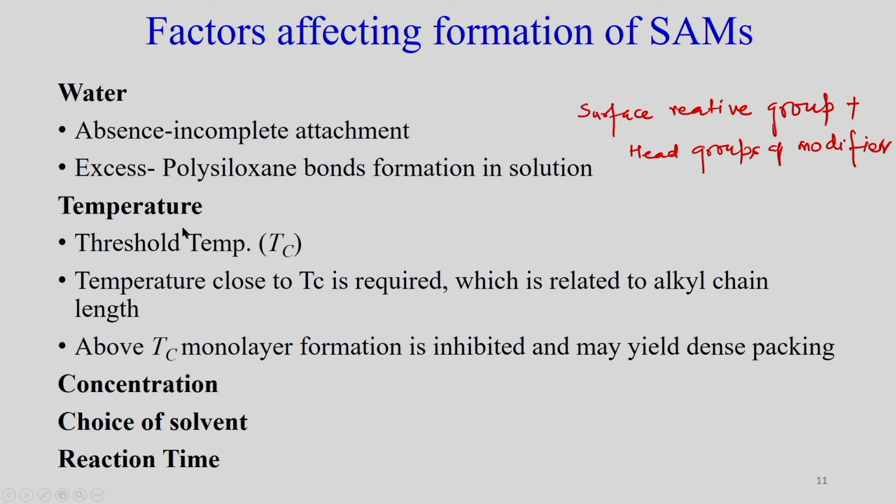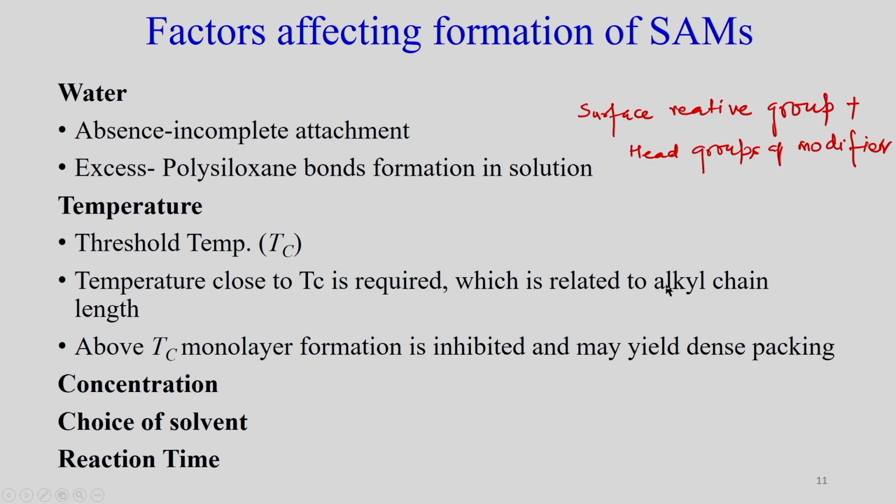We call it the threshold temperature, Tc, which is required for the formation of complete self assembly. It is related to the length of the alkyl chain, and if you go to a temperature above Tc, the monolayer formation is inhibited, and it may also yield very dense packing on the surface. Apart from this, the concentration of modifier.